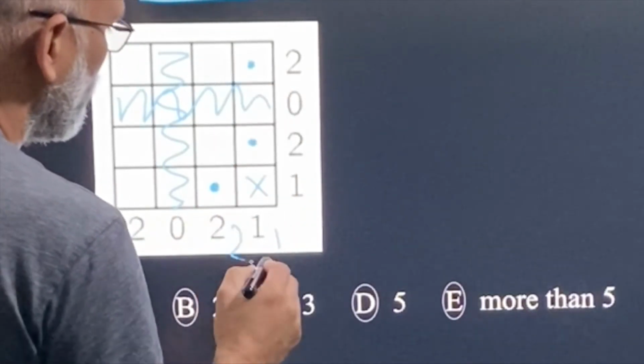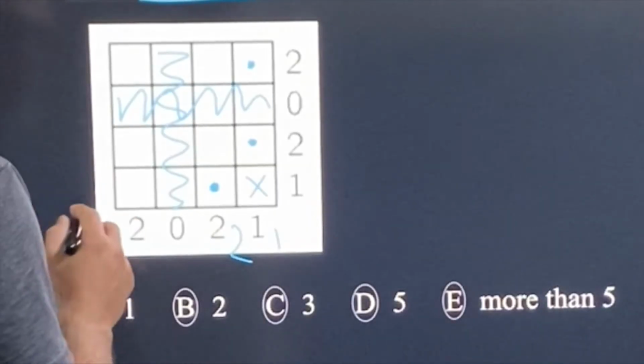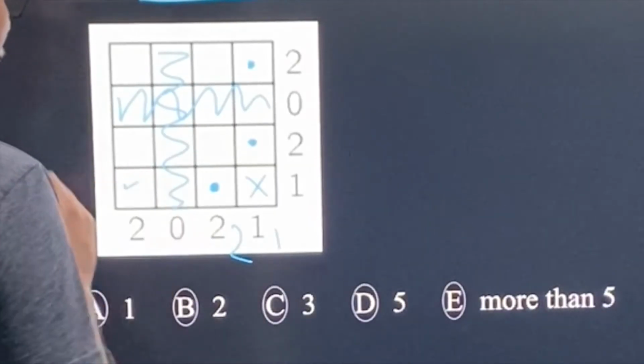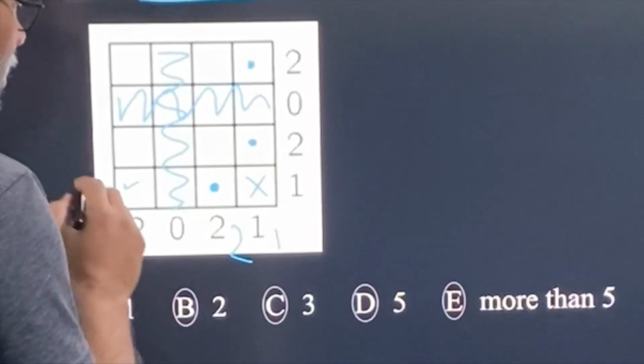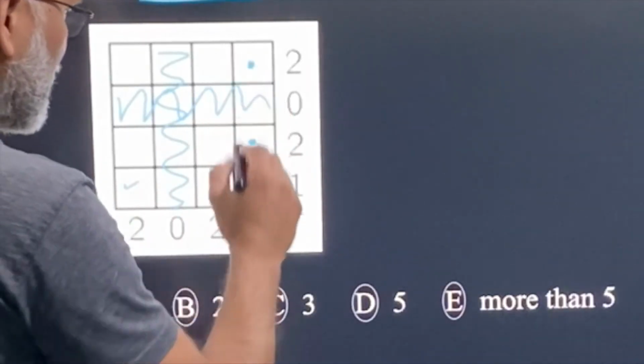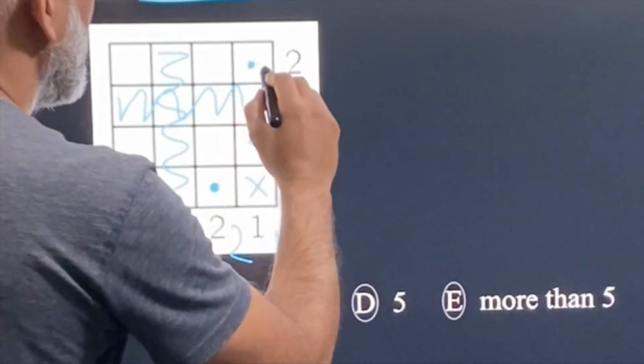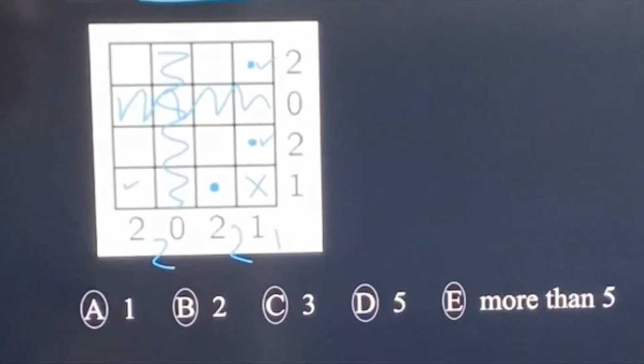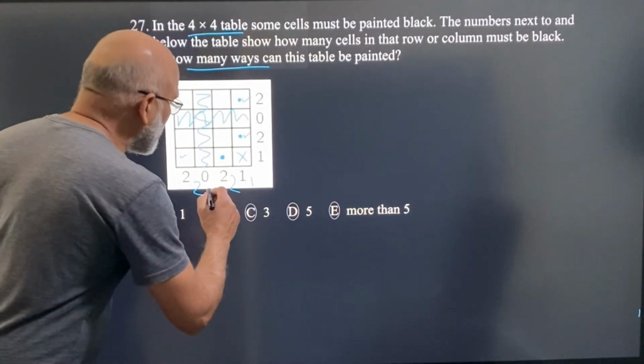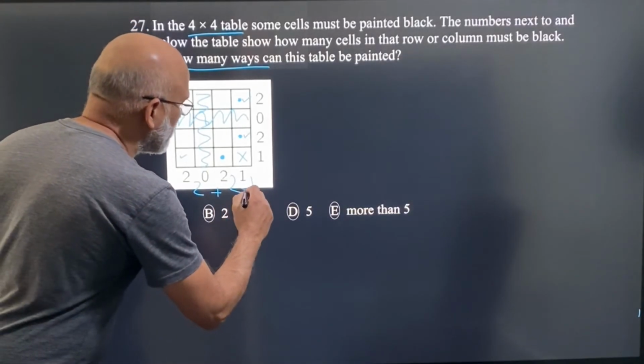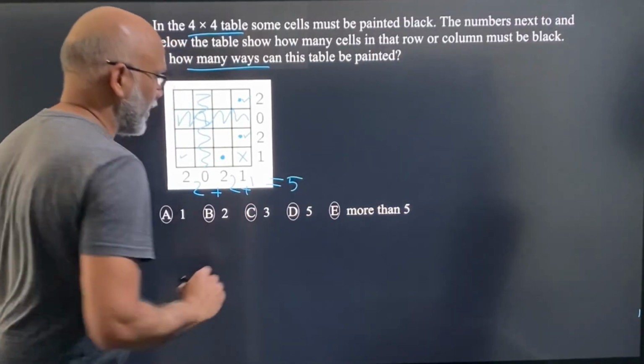So there are two ways there, right? Similarly, if I put the black here, that satisfies this row. For this column, it can go here or here. So there are two possible ways. So it seems like there are going to be 2 plus 2 plus 1 equals 5 ways.